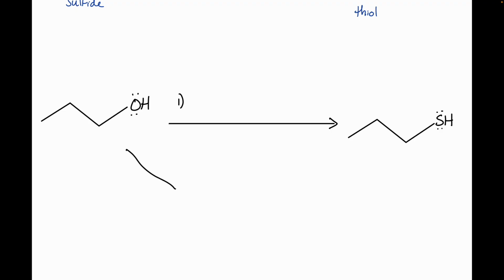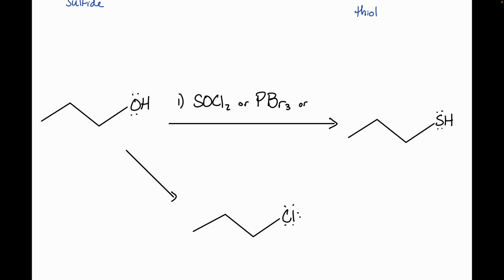We could just very simply convert it into an alkyl halide, using thionyl chloride. You could have also turned it into an alkyl bromide using phosphorus tribromide.